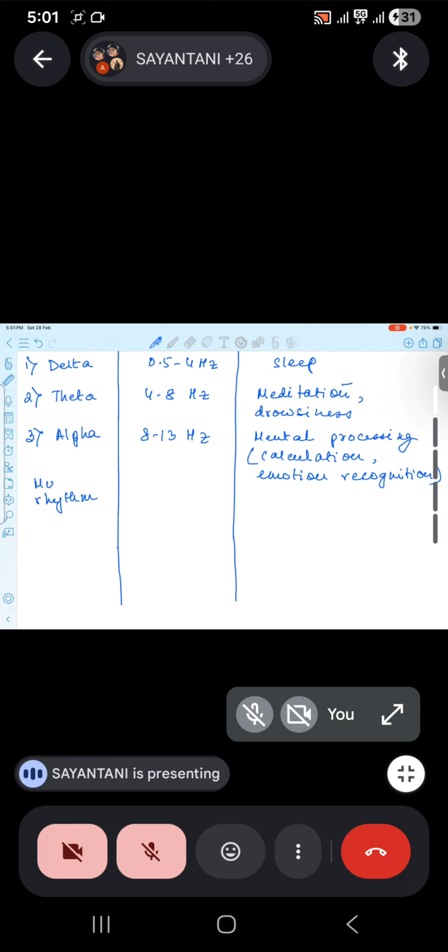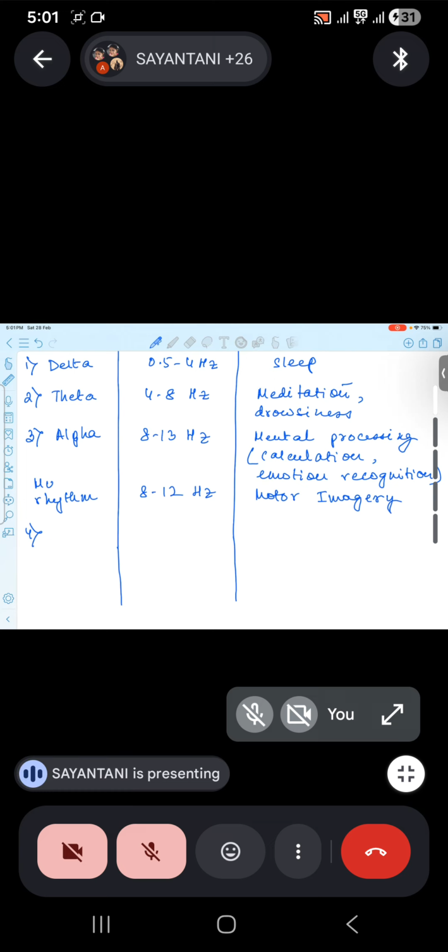And the mu rhythm ranges within the alpha band, but typically 8 to 12 Hertz. This appears during motor imagery. So what is motor imagery? Suppose you are sitting still and I'm acquiring your EEG signals from your scalp.